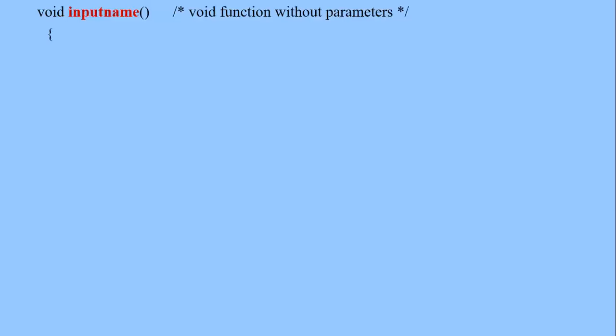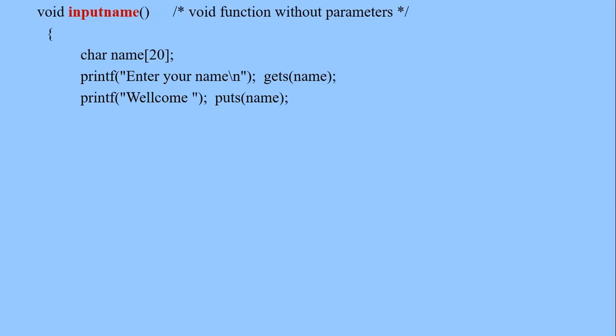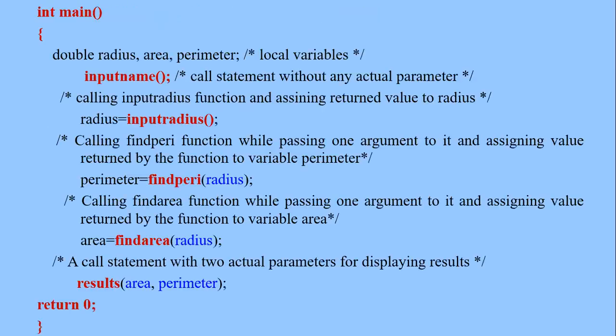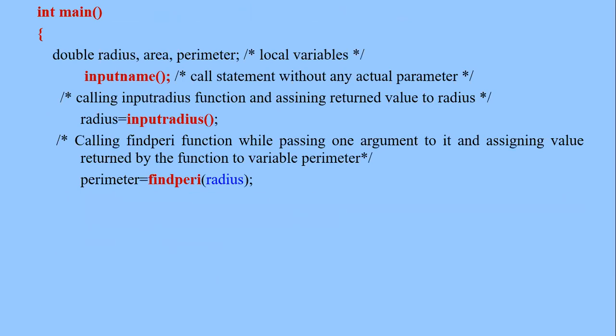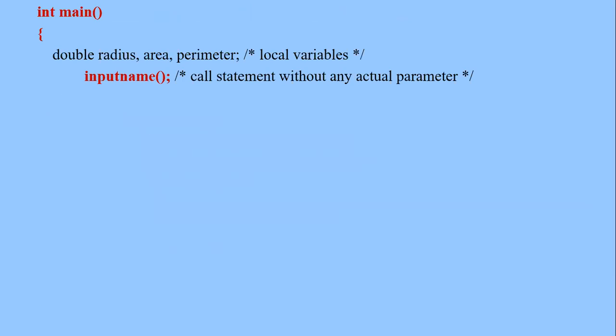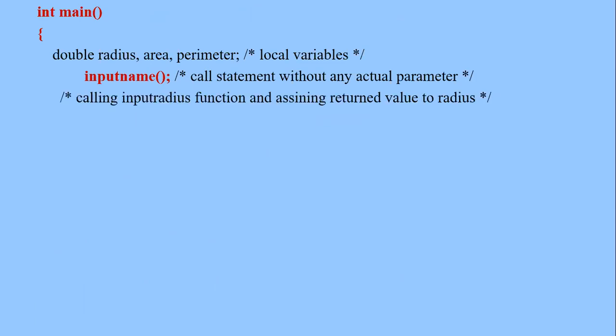So the control will be brought here. It will do that. It will do that. Once this execution is over, the control will be taken back to the main function, to where the call statement was called. And then because this was a void function, the control will be taken to the next line. So this next statement will be invoked.